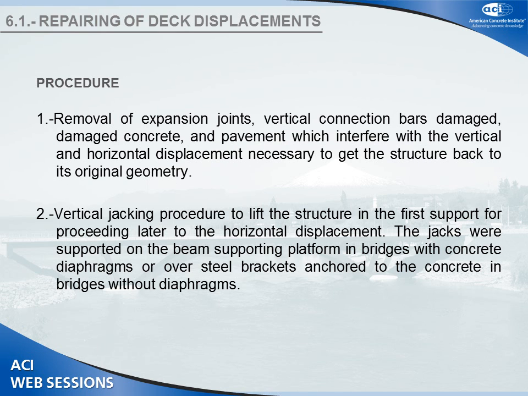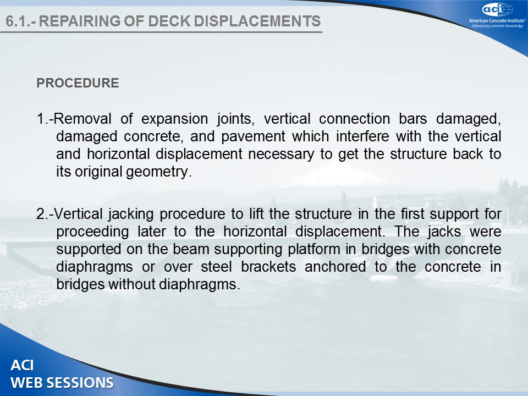The procedure that we used was very simple. We removed the expansion joints, the vertical connection bars, the damaged concrete and pavement, and everything that could interfere with the vertical and horizontal displacement that we needed to get the structure back to its original position.